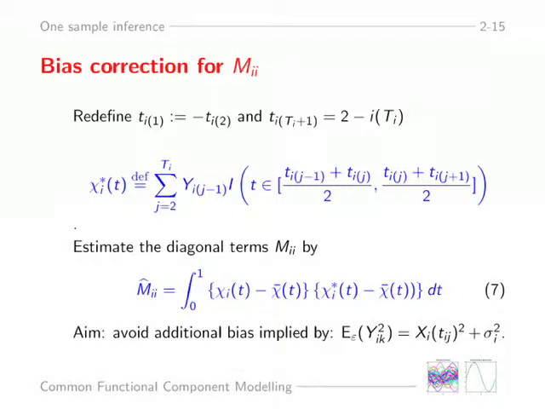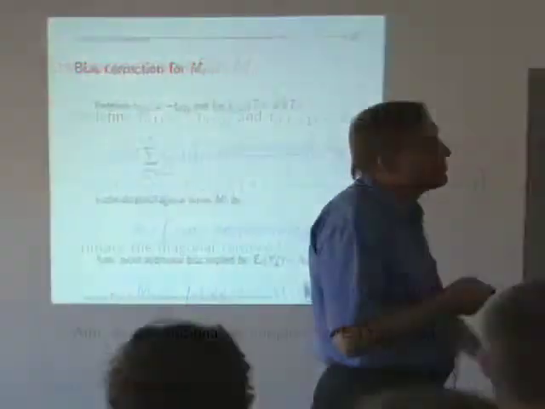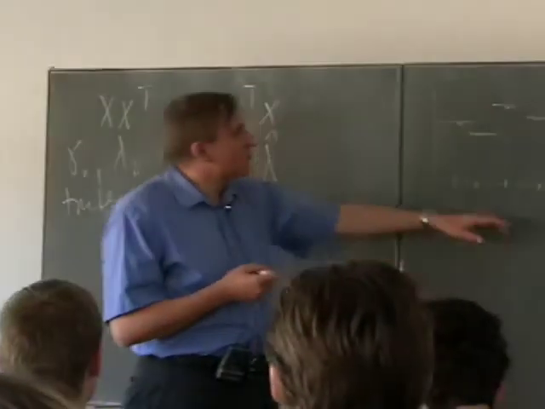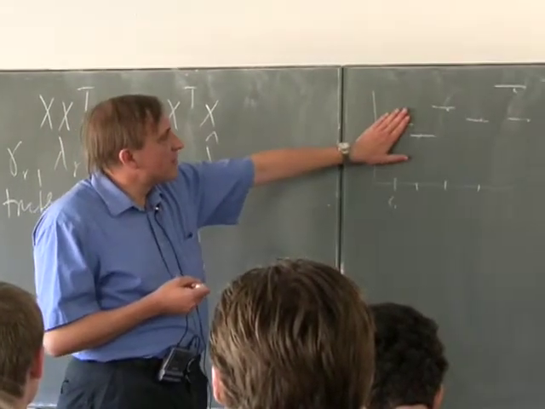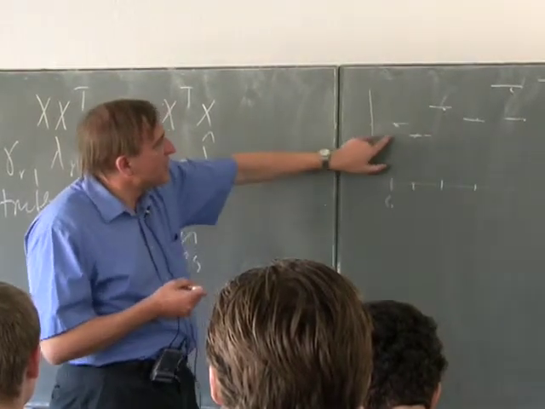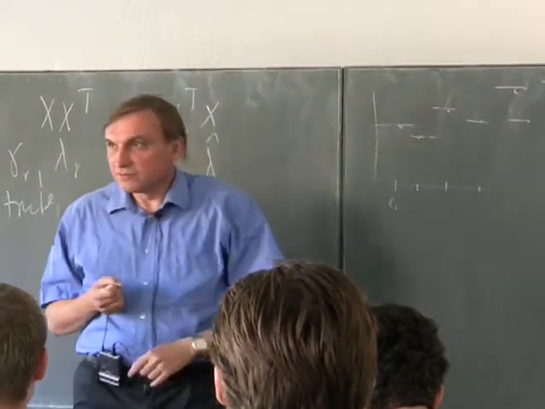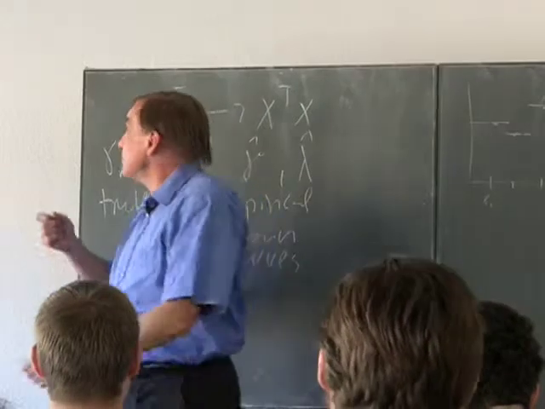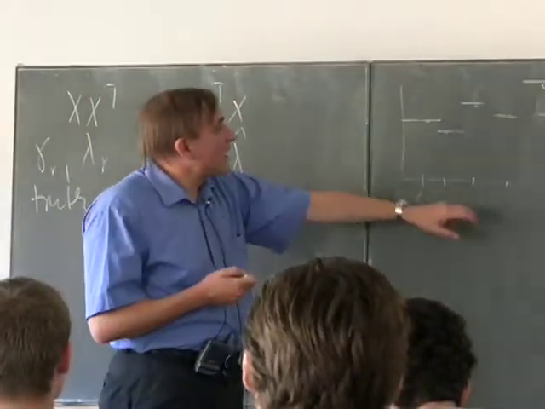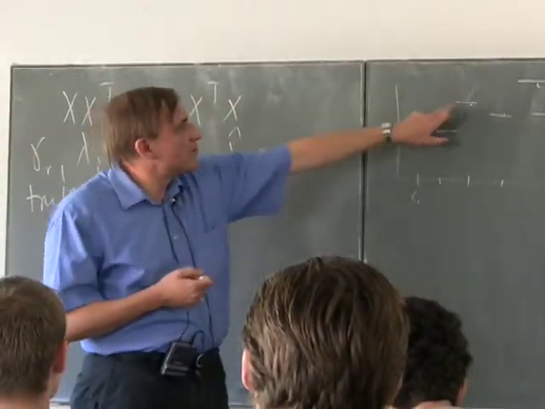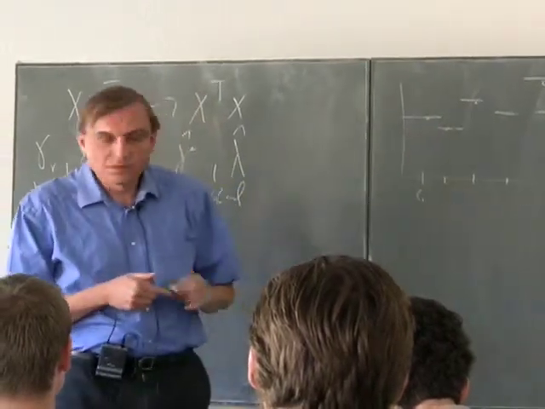the expectation of chi_i squared is sigma squared. To avoid that a little bit, for the diagonal elements of M, M_ii, where you have the same curve integrated with itself, we just shift. For the second curve, we shift by one, so that Y_i is multiplied with the next observation.